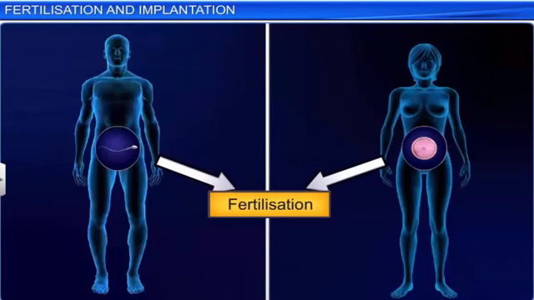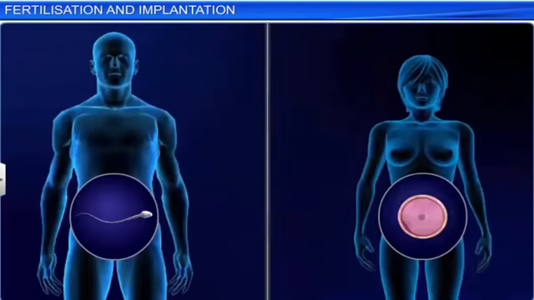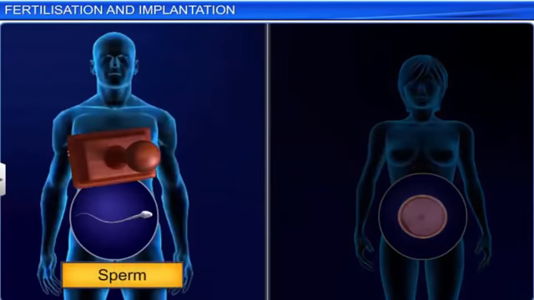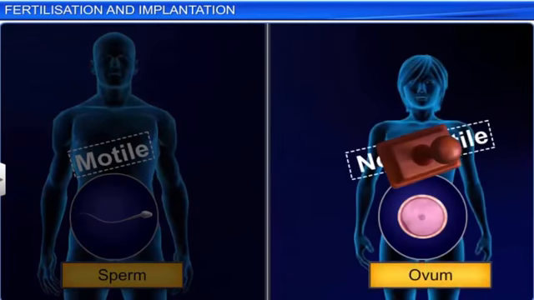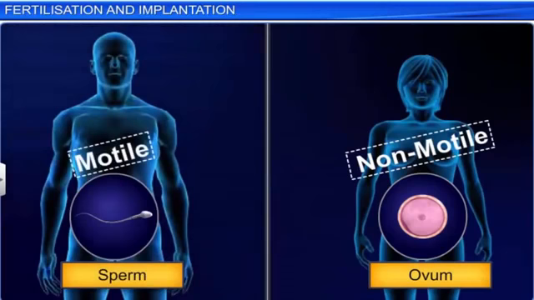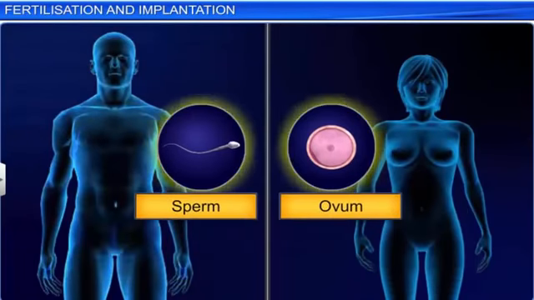Fertilization or fusion of gametes is the most vital event in the process of sexual reproduction, as it results in new life. In humans, while the male gamete or sperm is motile, the female gamete or ovum is non-motile. Therefore, for fertilization to occur, the two gametes must be brought together.